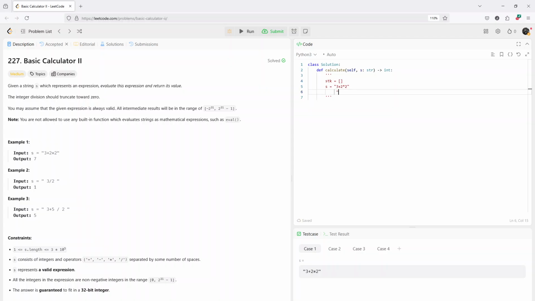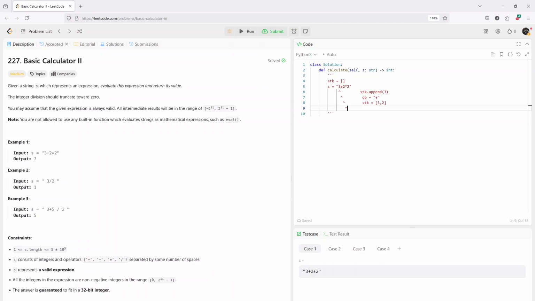When we hit this 3, we append it to the stack. Then you go to this character, which is a plus, so you can say the operator is a plus. Then it's the number 2, so we'll append it to the stack. Now stack equals 3 and 2.